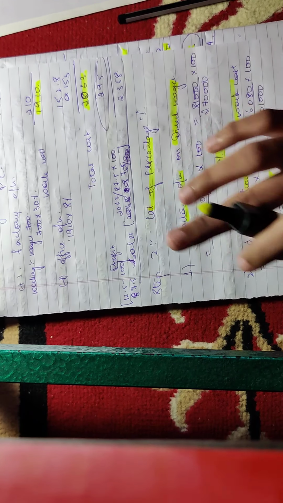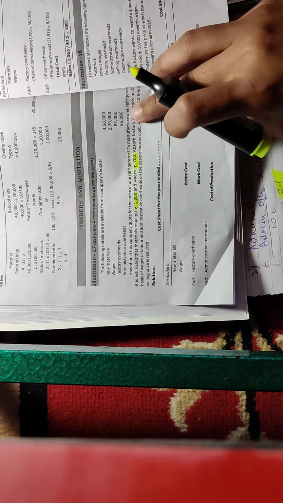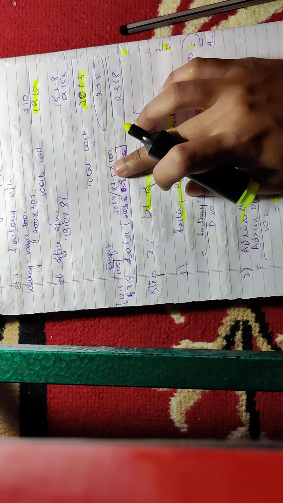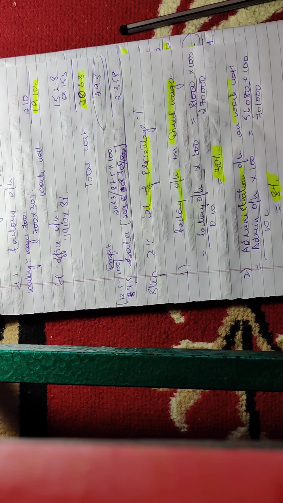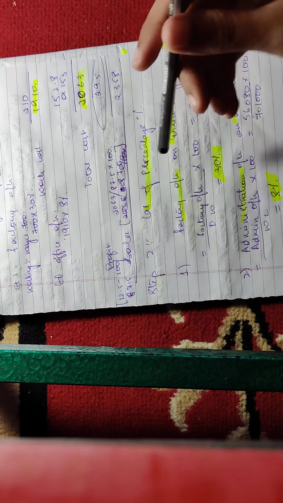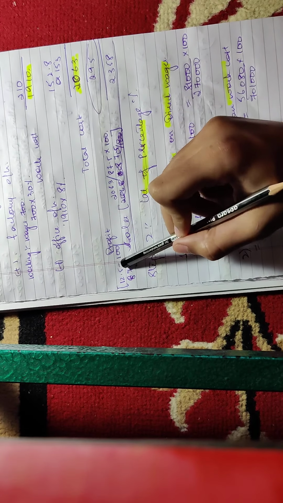Now again, the profit amount is not given to you, but it says the profit is 12.5%, but the sales amount is again not given to you. So as we calculated in your earlier cost sheet, how did we calculate? We took the amount of sales, right? 12.5 is already given to you, that is your profit.